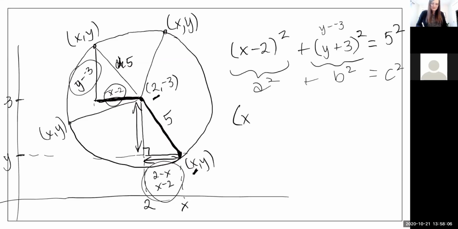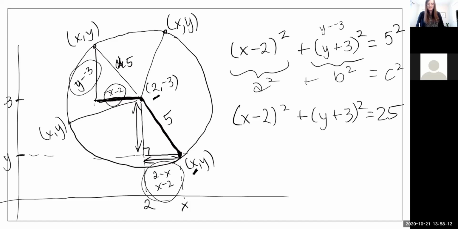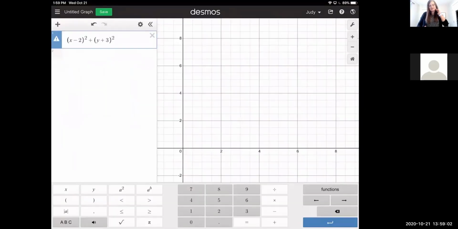So if I type this into Desmos, I should get all the points that are 5 away from 2, negative 3, right? So again, this is our a squared and our b squared. So 2, negative 3 should be our center, and that equals our r squared, which is 25.